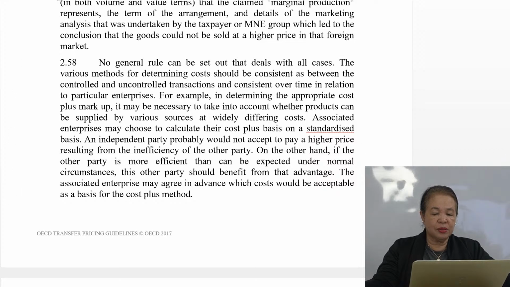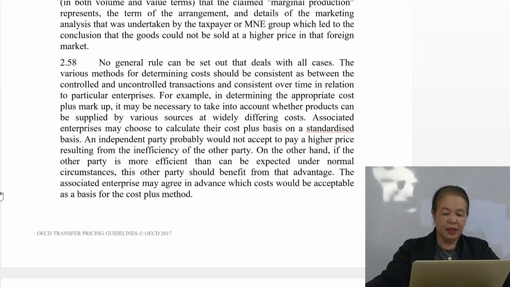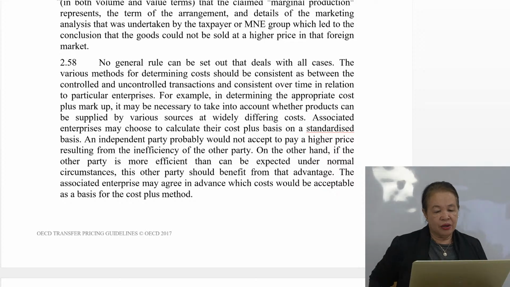Associated enterprises may choose to calculate their cost plus basis on a standardized basis. No? So an independent party probably would not accept to pay a higher price resulting from the inefficiency of the other party.